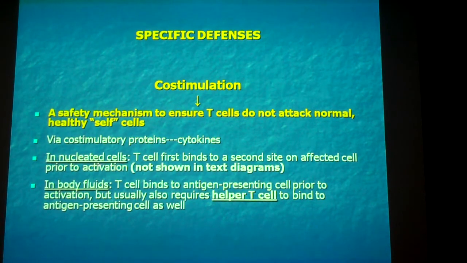Now, in nucleated cells, an example I showed you earlier, the T cell will recognize the antigenic fragment on the cell membrane, but it must also bind to another site on the membrane prior to activation. That was not shown in that diagram, but it happens. In body fluids, not in fixed nucleated cells, the T cell binds to the antigen-presenting cell prior to activation, but it usually also requires a helper T cell. So helper T cells are important in both B cell activity and T cell activity. I'll stress this again later.